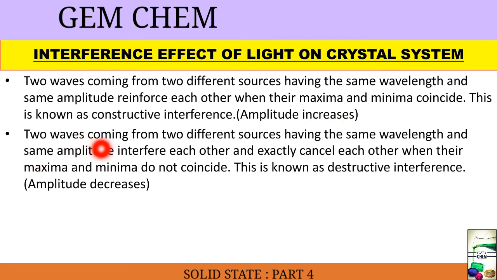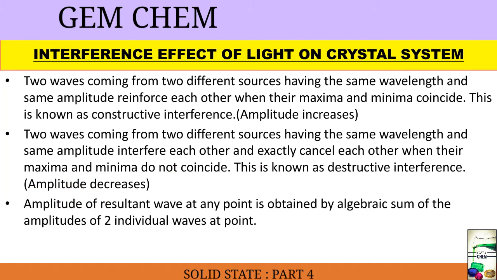Two waves coming from two different sources having the same wavelength and same amplitude interfere and exactly cancel each other when their maxima and minima do not coincide. This is known as destructive interference, and here amplitude decreases. So how is the amplitude of the resultant wave obtained at any point? It is obtained by the algebraic sum of the amplitudes of the two individual waves at that point.